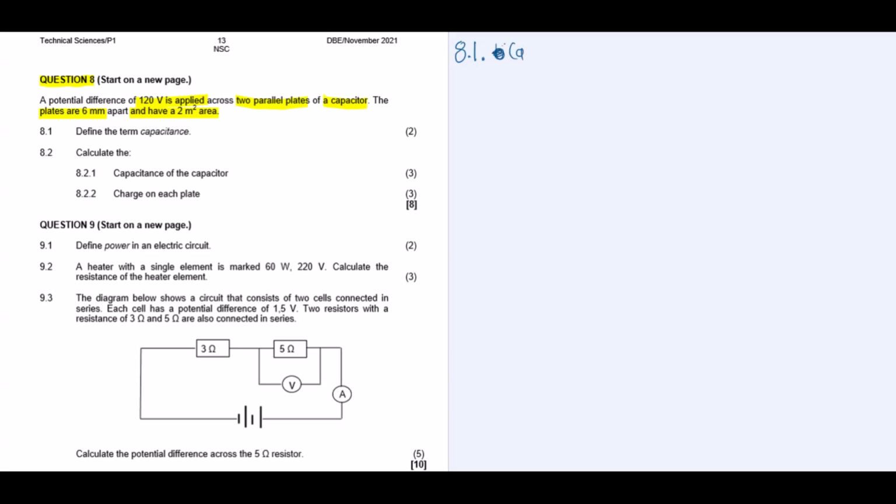Okay, let me write: capacitance is the amount of charge a capacitor can store.